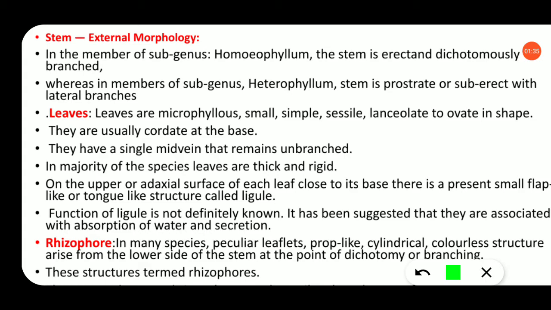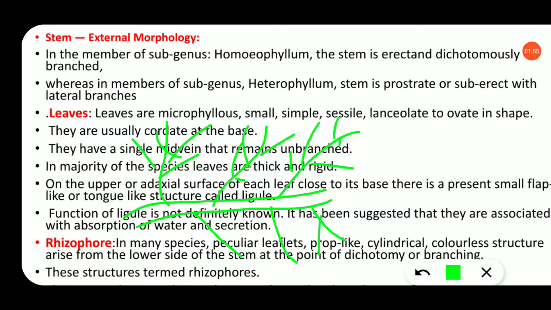That means in Heterophyllum the stem grows horizontally, prostrate, with lateral branches. Two concepts clear. First is Homoeophyllum, where the stem is erect and dichotomously branched, whereas in subgenus Heterophyllum the stem is prostrate or sub-erect with lateral branches.